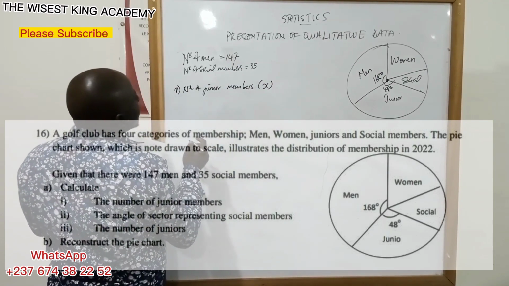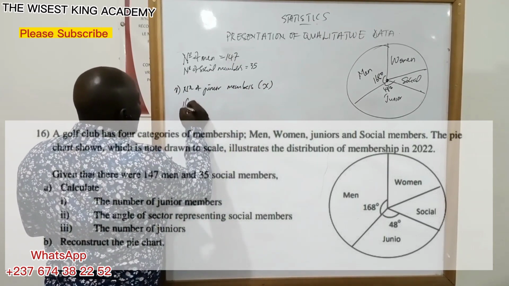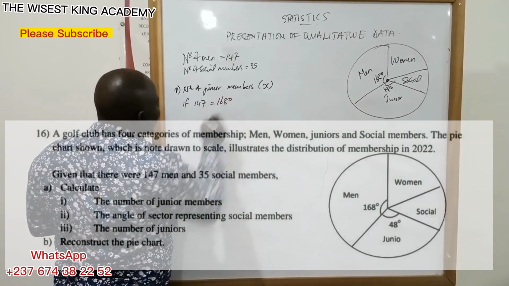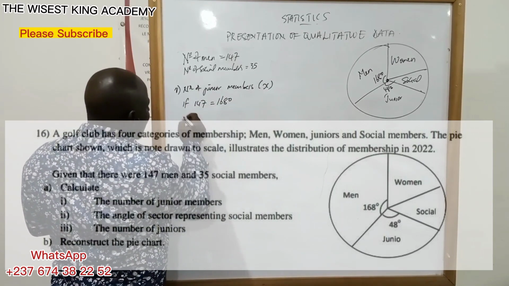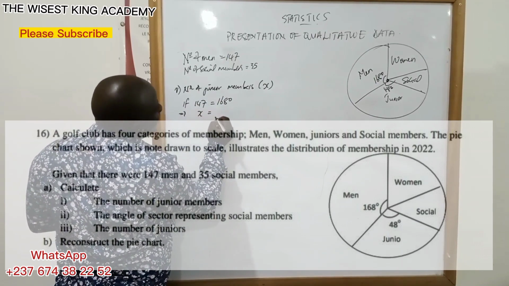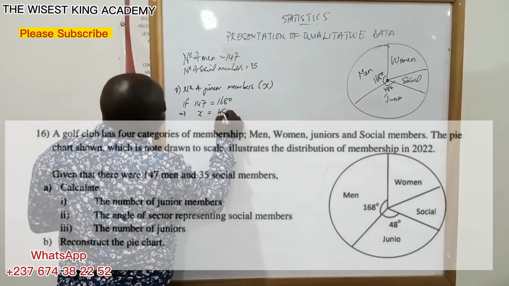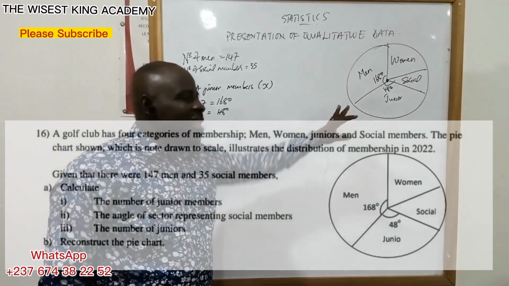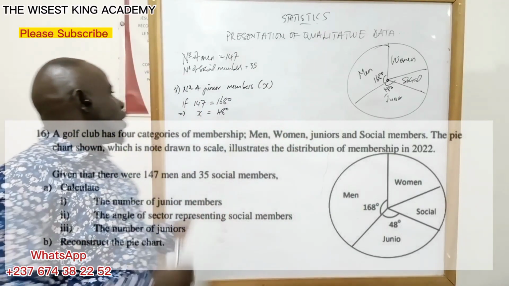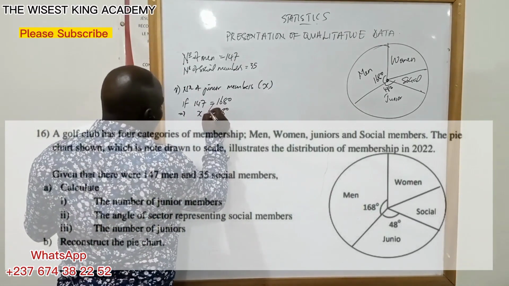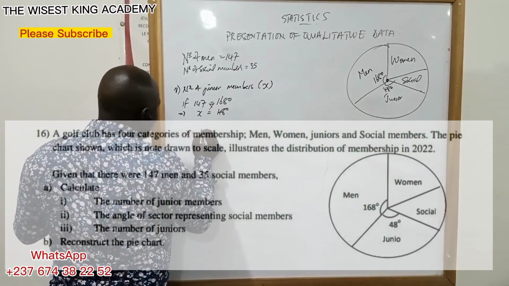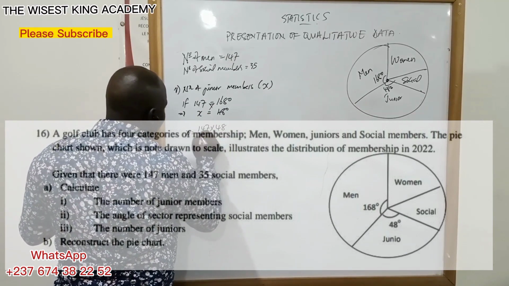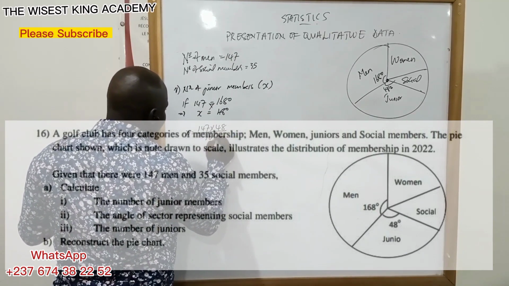Now the question is this: if 147 men is equal to 168 degrees, it therefore implies that X junior members will be equal to 48 degrees. Remember that these angles are proportionate. So if we cross multiply here, X will be equal to 147 times 48 divided by 168.